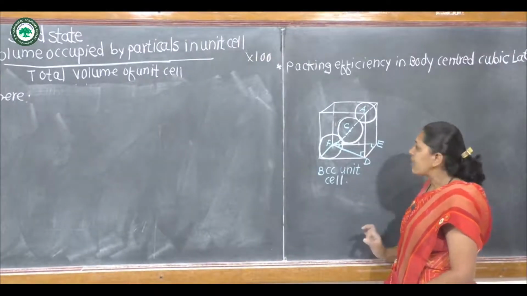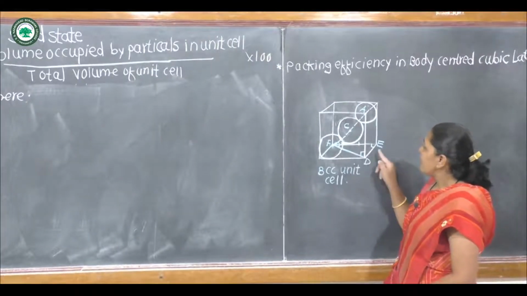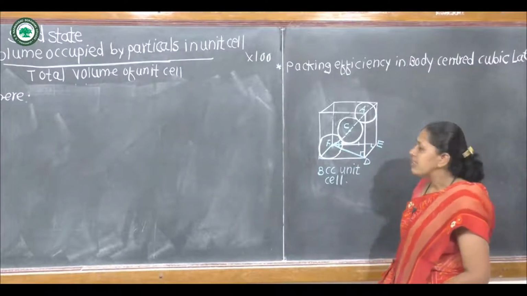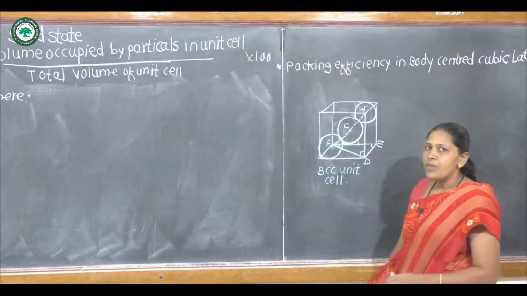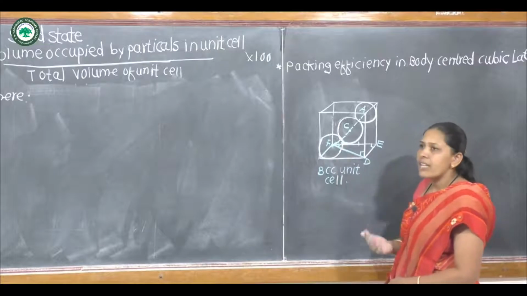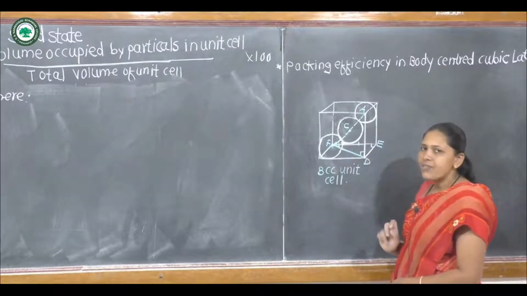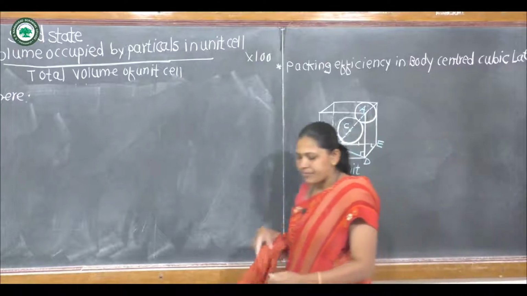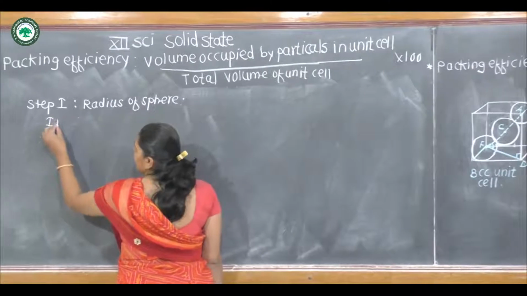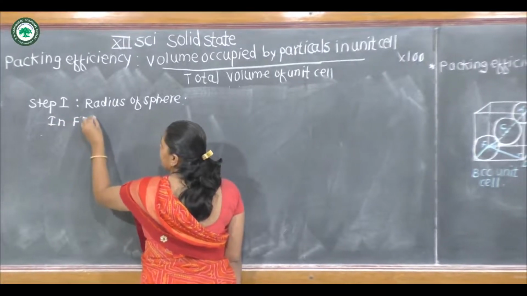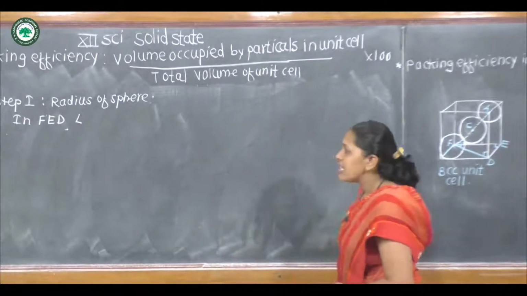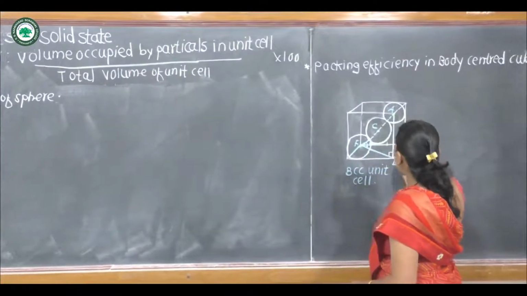In this triangle, angle EDF is a right angle, that is 90 degrees. From this we can apply the Pythagoras theorem. FD square is equal to EF square plus ED square. Therefore, in triangle FED, which angle is 90 degrees? EDF.